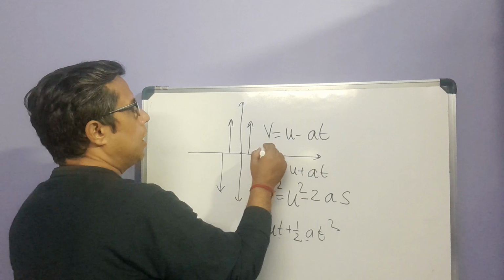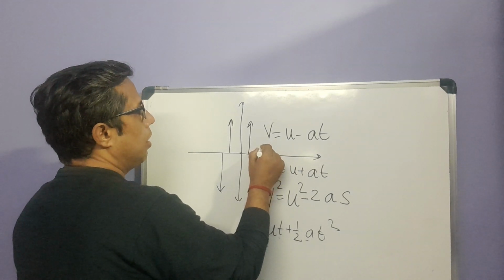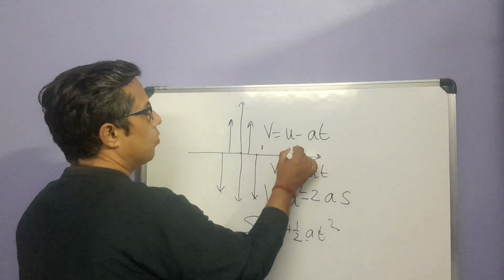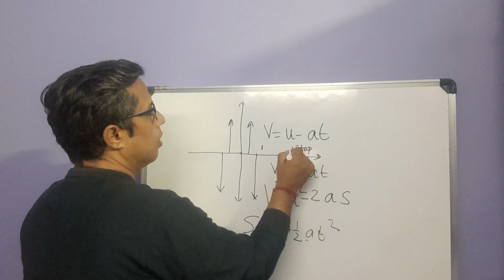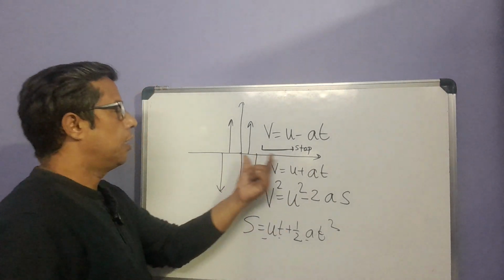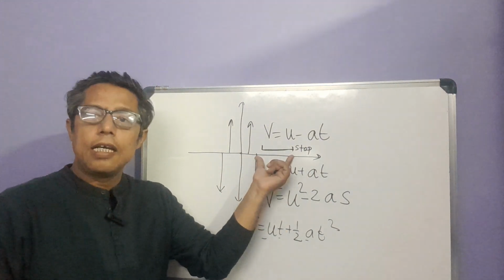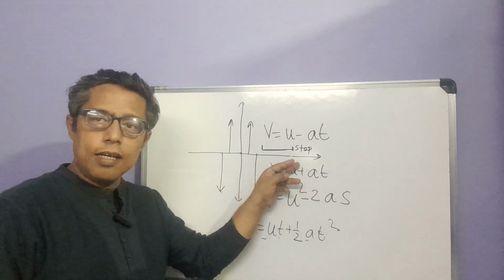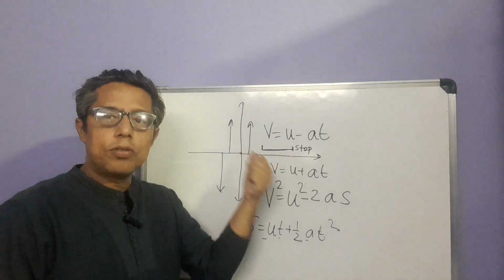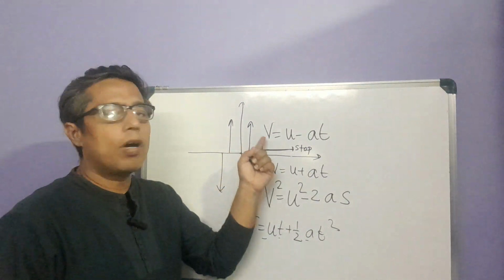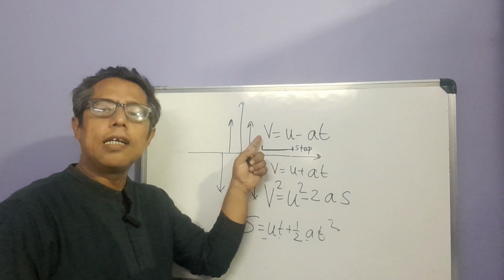So, retardation motion means what? Suppose a train applies the brake here and it will stop at this position. So during this distance, the velocity is getting decreased, and here the motion stops. That means every 1 second, this value is getting decreased.